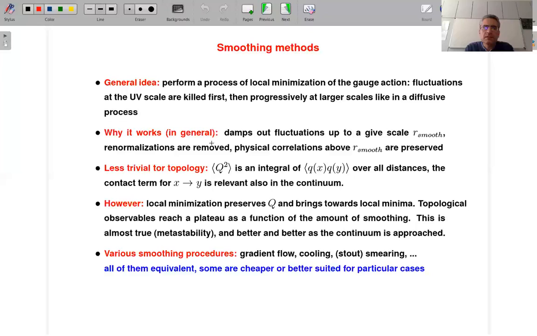Now, this is how it works in general when you are measuring a two-point function of some operator. You can perform this local minimization of the action, which kills fluctuations at the ultraviolet scale, and in this way you can remove renormalizations.